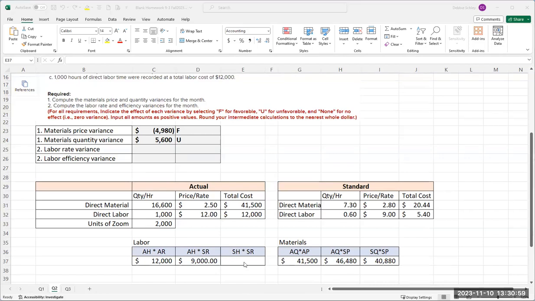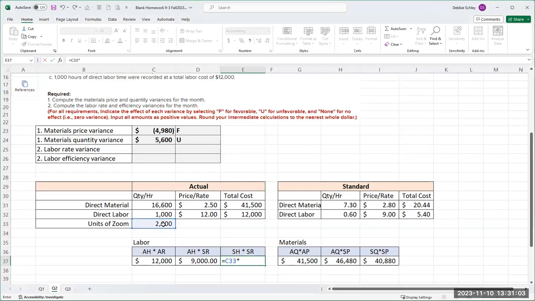Remember, to get standard hours, I need to take my units times the direct labor per unit. That gives me SH, and then times the standard rate per hour, because I have to know how many hours before I can multiply it by that. Okay, so I have my three numbers.